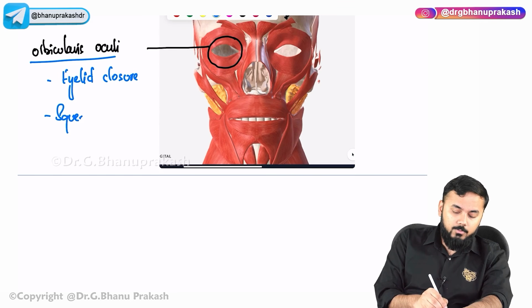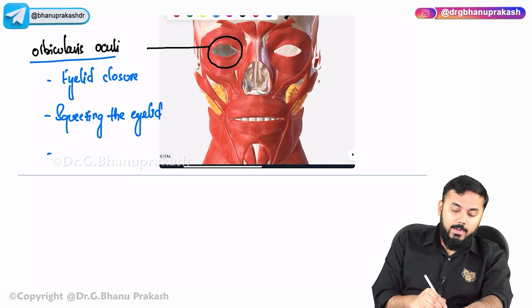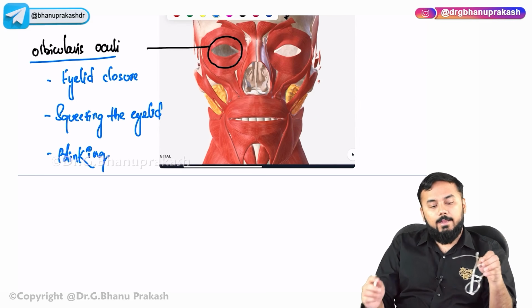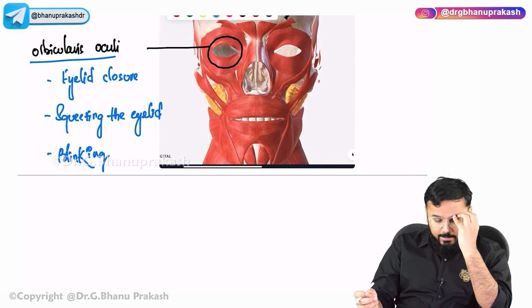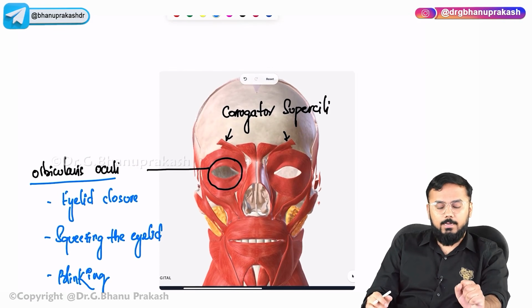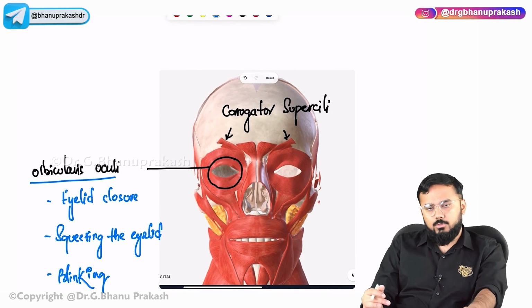So it is also responsible for squeezing the eyelid. Not only that, it is also responsible for blinking. So these are the three important actions done by the orbicularis oculi muscle.